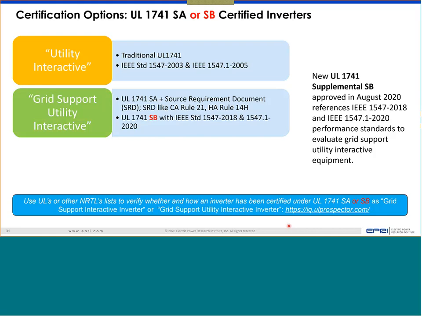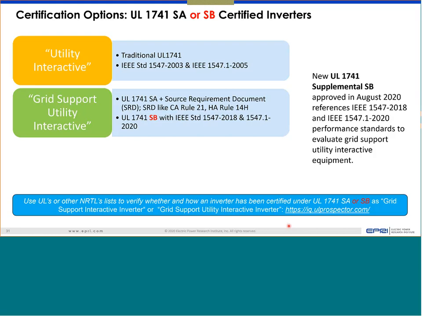So that's why UL developed this 1741 SA supplemental requirement, or Appendix SA, which defines tests that are required to certify the California Phase 1 requirements.